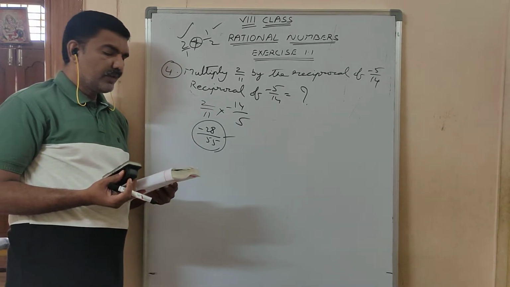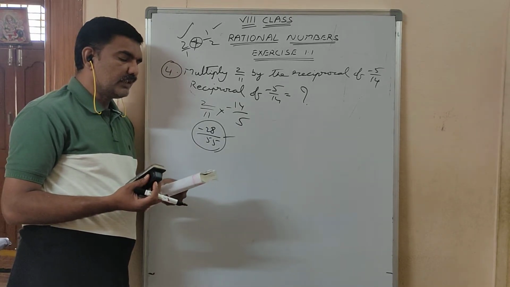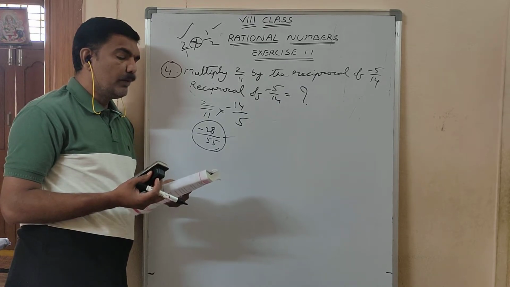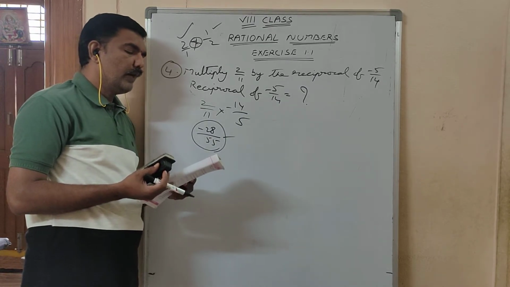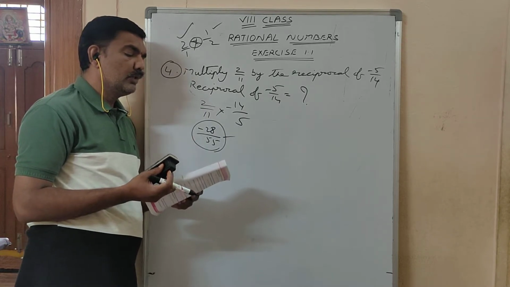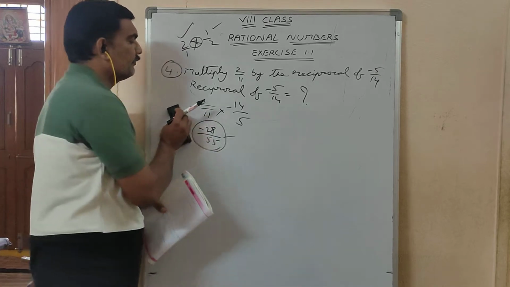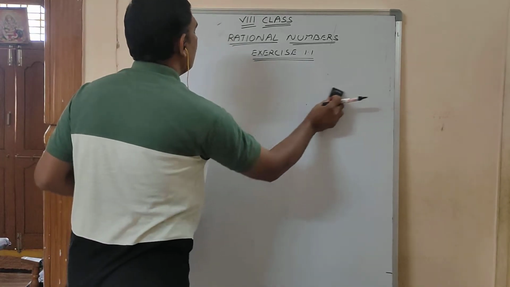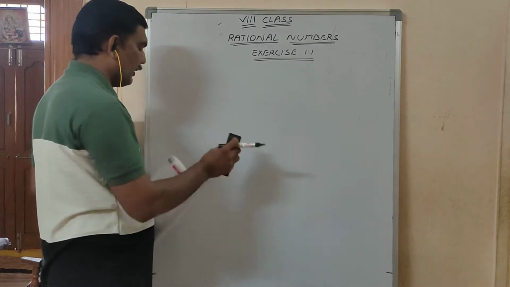Next, which properties can be used in computing 2 by 5 into 5 into 7 by 6 plus 1 by 3 into 3 into 4 by 11. See, I already said in the previous class about the properties.